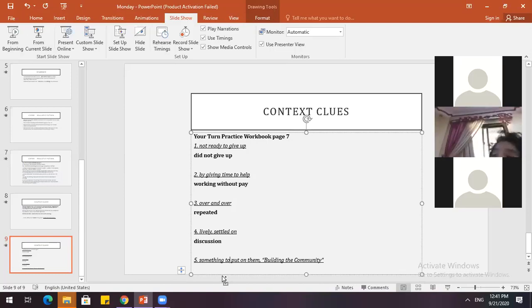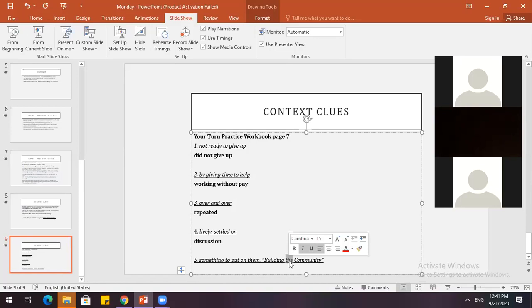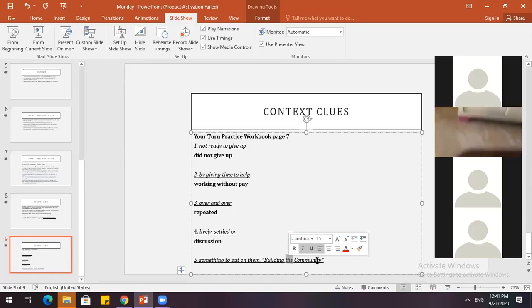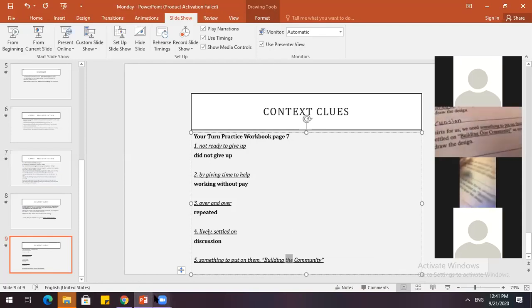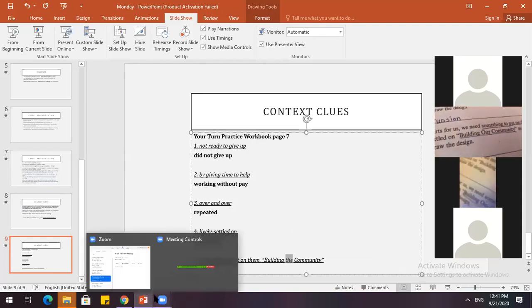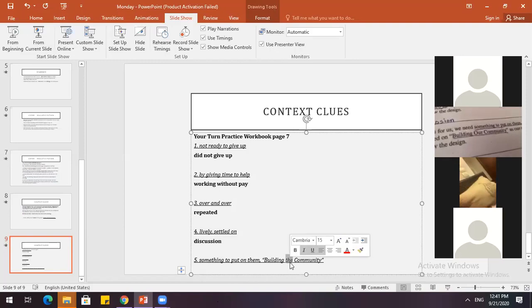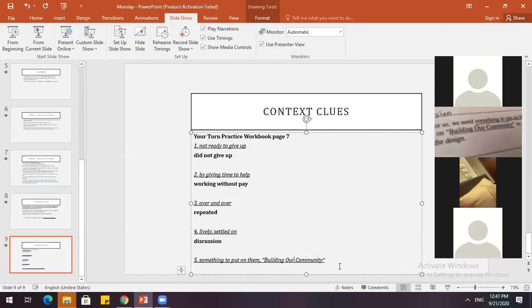No, it's building our community. Are you guys sure? It says building the community. I can show you guys in my book. It says the for some reason. All right, no problem, guys. I will change it for you, building our community. Although it really does say the, guys. Okay, maybe I have a different copy.